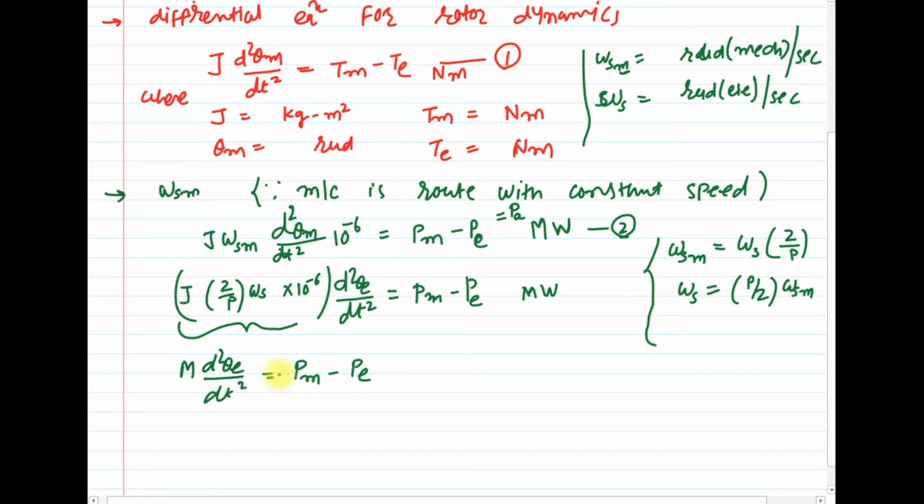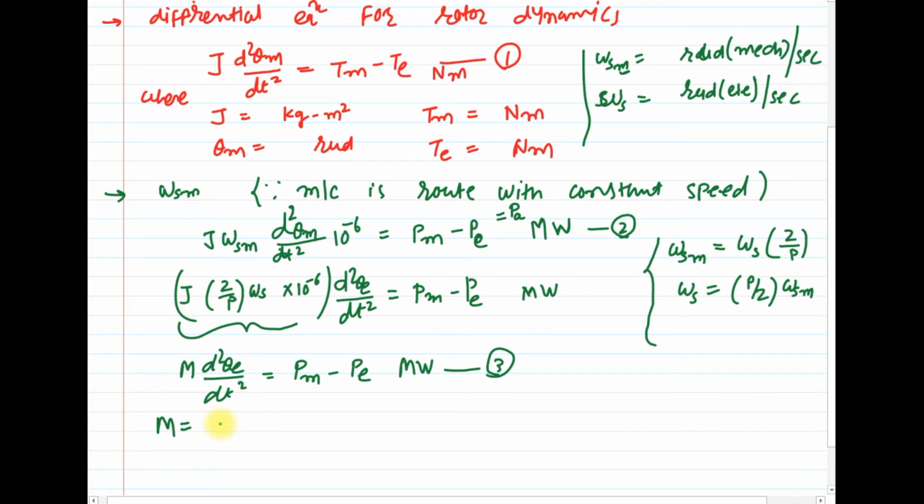Unit is the megawatt. This is equation number 3. Clear?